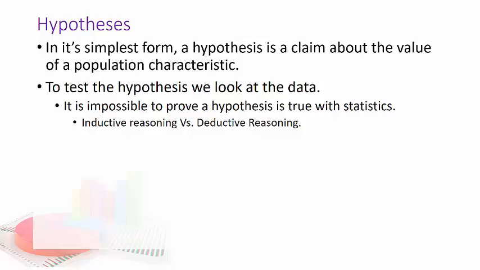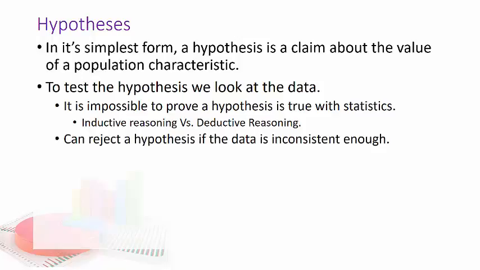But it's much easier to reject something by providing what's called a counterexample. In this case, ostriches don't fly. So in inductive reasoning, which is a lot like what we do in statistics, it's easier to prove something isn't consistent. So we can reject a hypothesis if the data looks like a counterexample, if it's inconsistent.